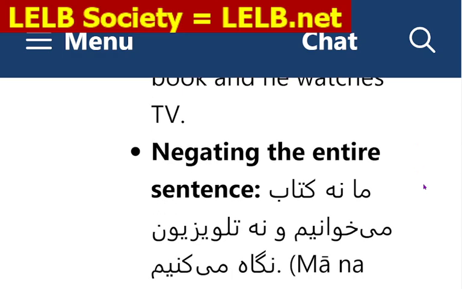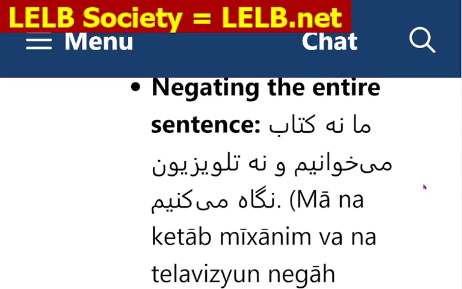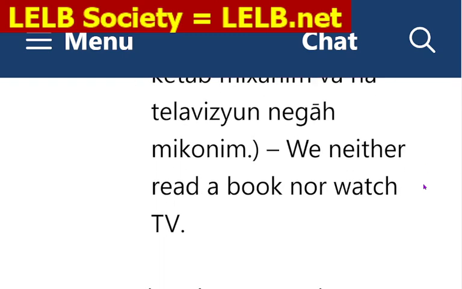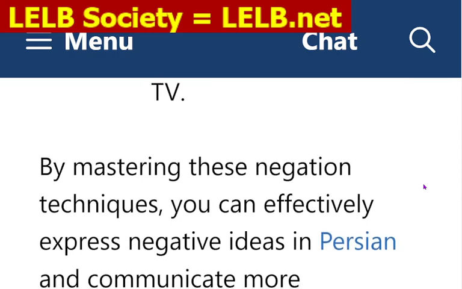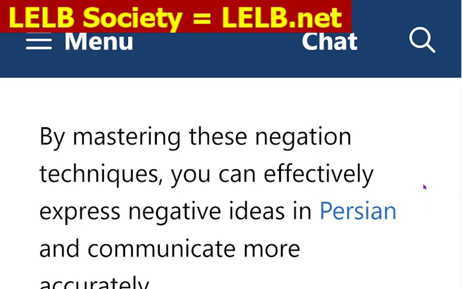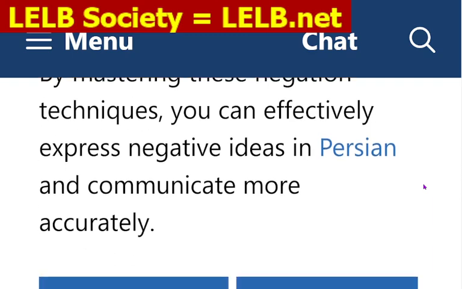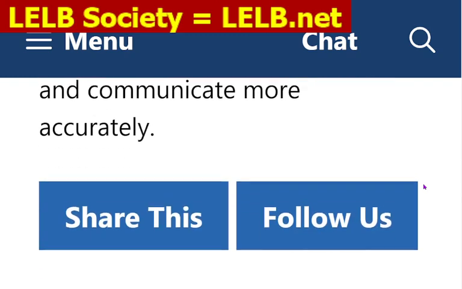And negating the entire sentence: in English we use neither, nor. ما نه کتاب میخوانیم و نه تلویزیون تماشا میکنیم یا نگاه میکنیم. We neither read a book nor watch TV. So by mastering these negation techniques, you can effectively express negative ideas in Persian and communicate more accurately.